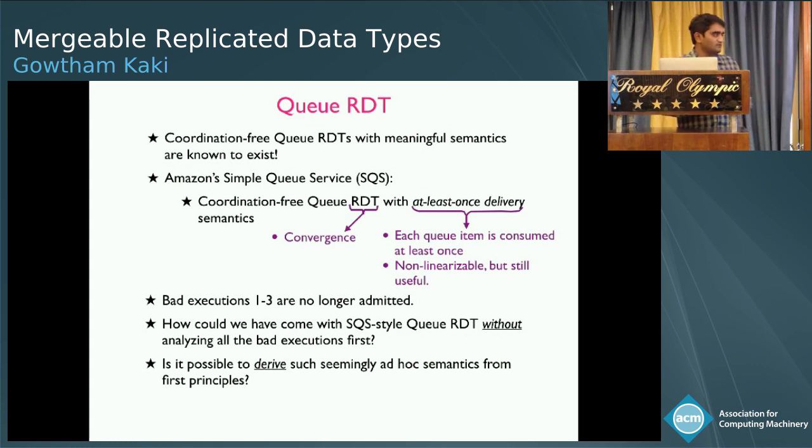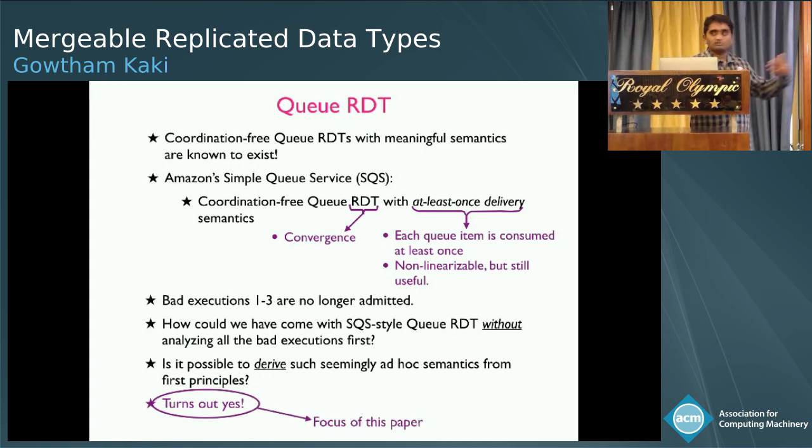So that's the question. And in fact, it turns out the answer to this question is yes. We in fact can derive this sort of non-standard semantics for a replicated queue from first principles. And deriving such data structures is going to be the focus of this paper, right?